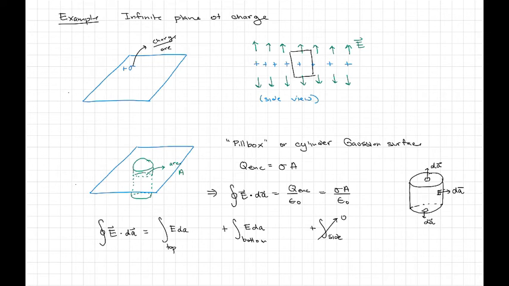Because the electric field is constant for each of these integrals, I can actually pull it out. So for here, I would get just the integral over dA, and of course, same thing over here.